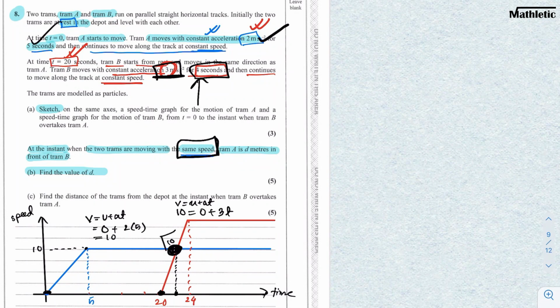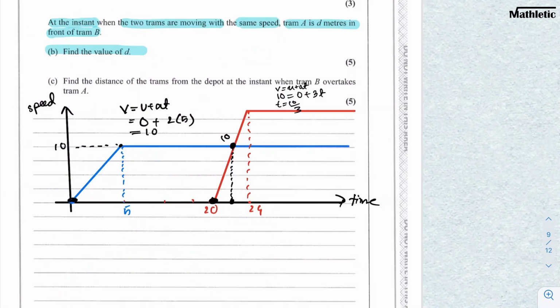So from the final velocity v and initial velocity u we can find t, which is 10 by 3. This means the tram took 10 by 3 seconds to reach a speed of 10. So 20 plus 10 by 3 will give us this instant, which is 70 by 3.